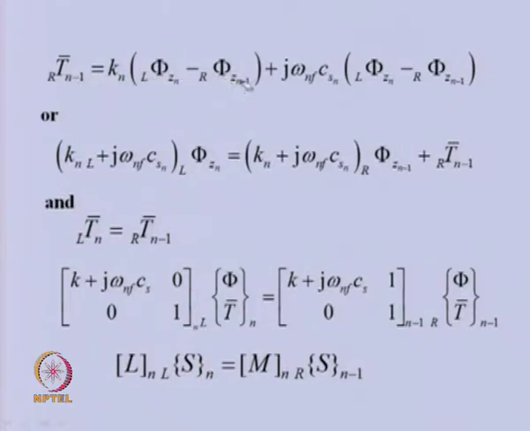You can see now these are complex amplitudes of the angular displacement, and because of the derivative they give these j omega nf terms. So, now they are relative angular displacements.